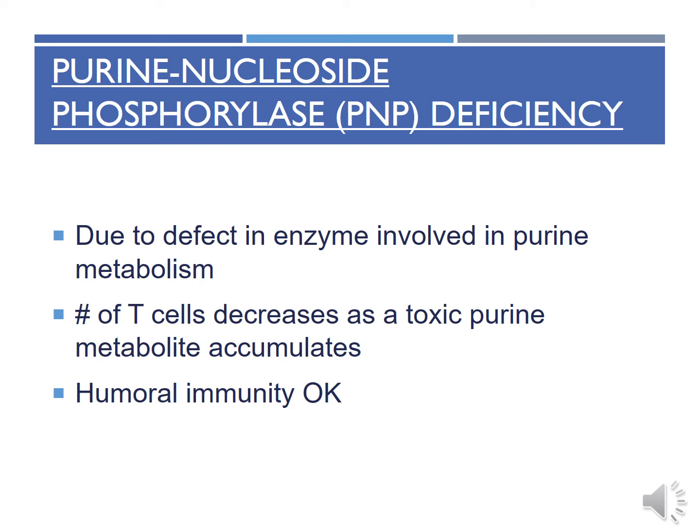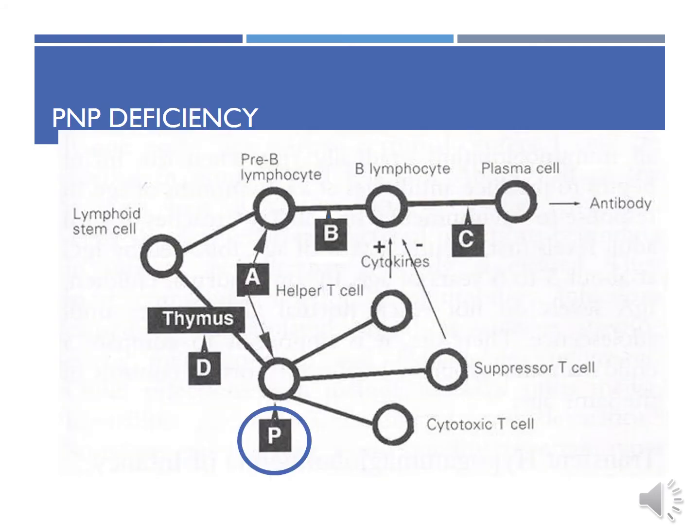We would obviously have to run an HIV test to rule out neonatal HIV. So here is our diagram, P meaning PNP deficiency, and we can see that it affects the T cells as a whole, and will have a heavy decrease in T cell numbers.